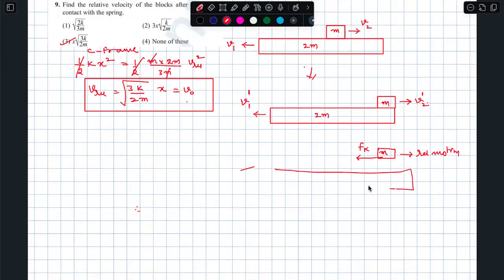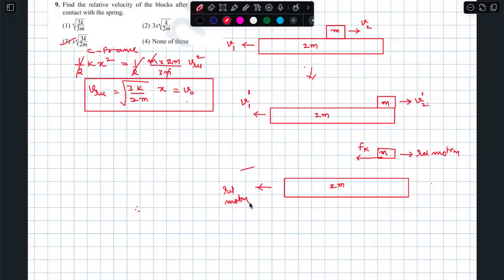Whereas on the block, this is the relative motion direction, so friction acts in this direction. Now what happens when you are seeing a reduction in this? Obviously, here also you will see the same reduction. Yes or no?